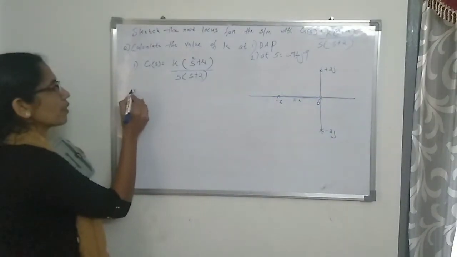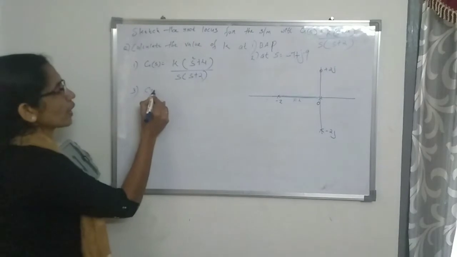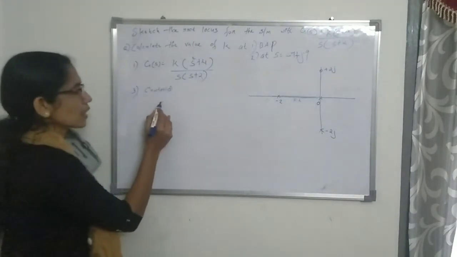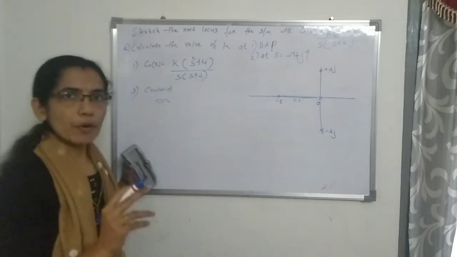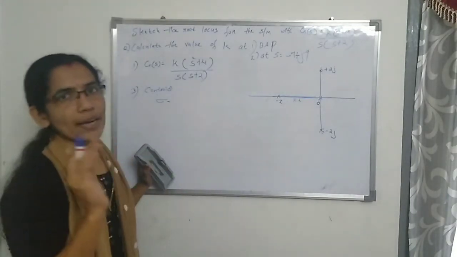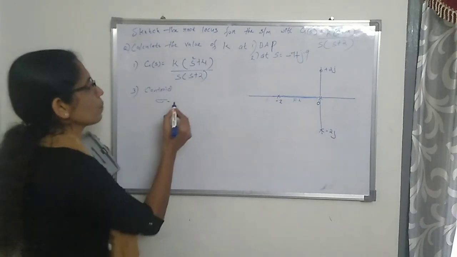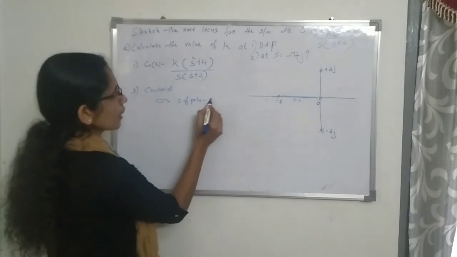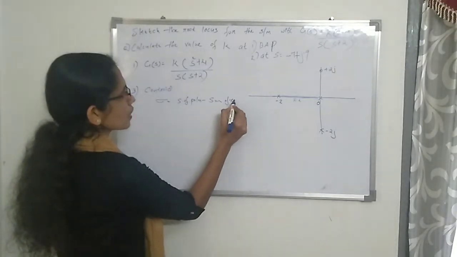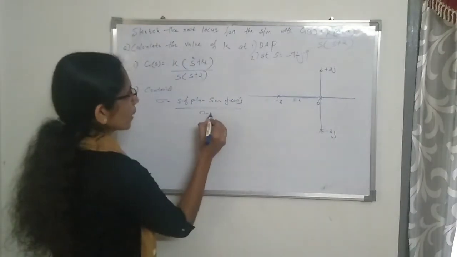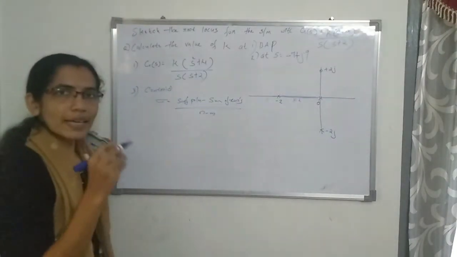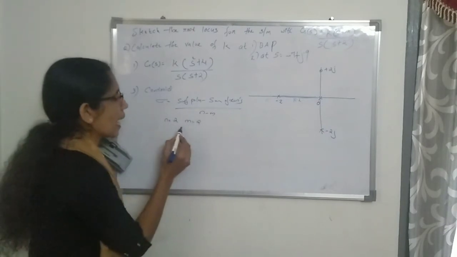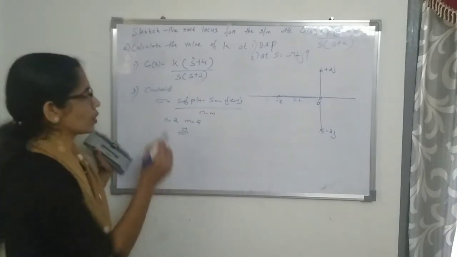Next, third step, we need to find the centroid. The centroid equals the sum of poles minus the sum of zeros divided by n minus m. Here n equals 2 and m equals 2, so n minus m equals 0.